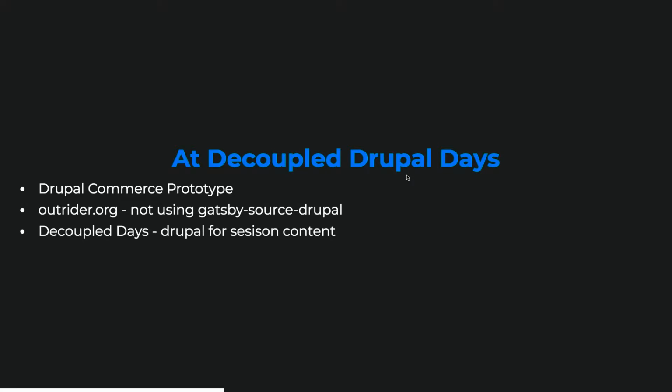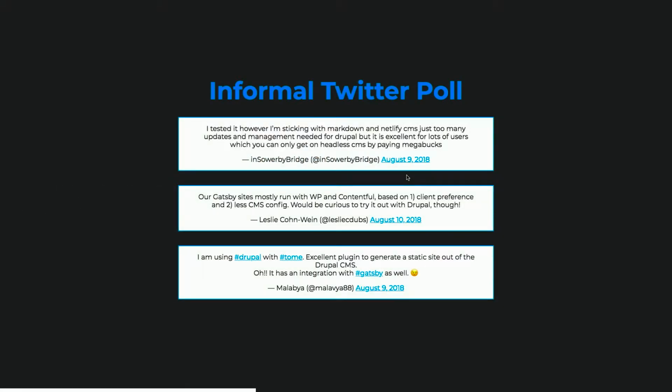And then the decoupled dev days site itself is also a Gatsby site. And what they did there, which I think is an interesting approach, is they started out with just Gatsby, and then as their content needs dictated it, they layered in data from Drupal, specifically for their session content.